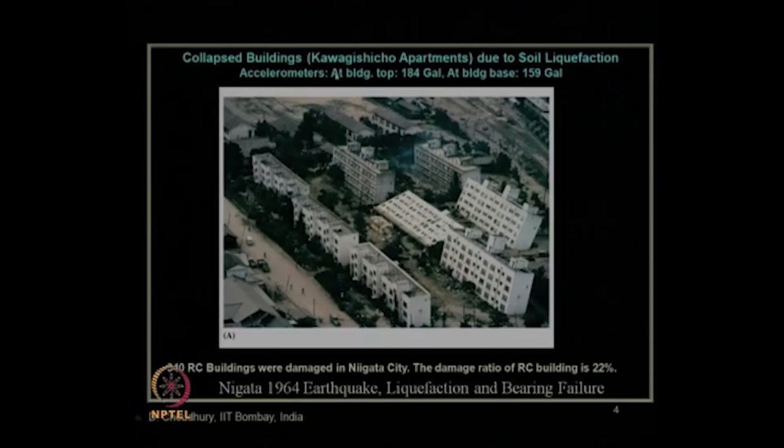So, this collapsed building of Kawagishicho apartments due to the soil liquefaction has been shown over here. The accelerometer readings say at the top of the building it is 184 gal, whereas at the base of the building 159 gal, and about 340 reinforced concrete buildings were damaged in the entire Niigata city after the Niigata 1964 earthquake, and the damage ratio of these reinforced concrete buildings is about 22%.